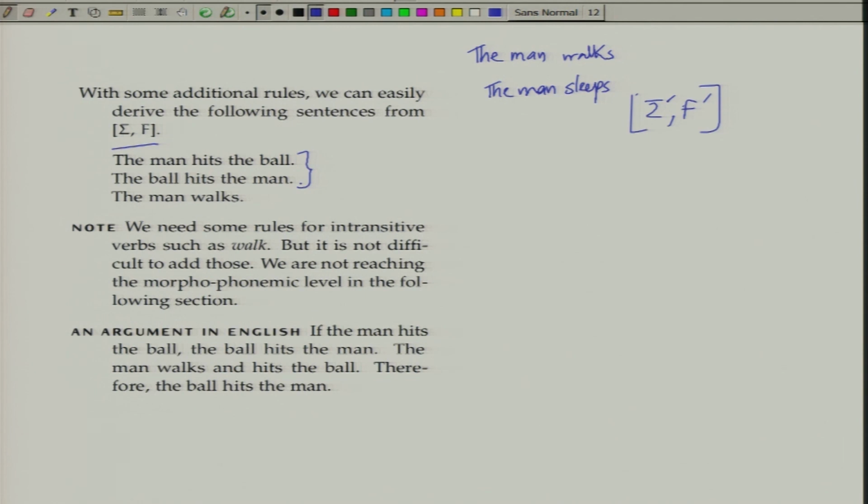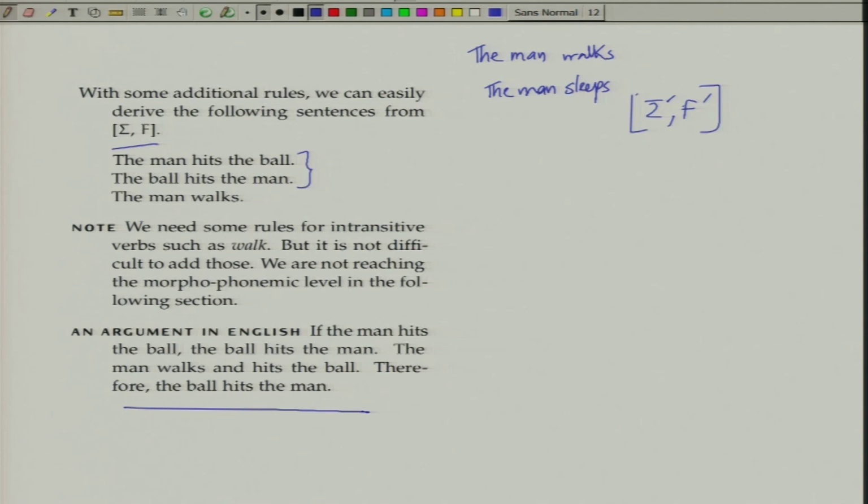Now we shall consider an argument in ordinary English, and we will try to see whether the argument form is all right. It is precisely this: if the man hits the ball, the man walks and hits the ball, therefore the ball hits the man.